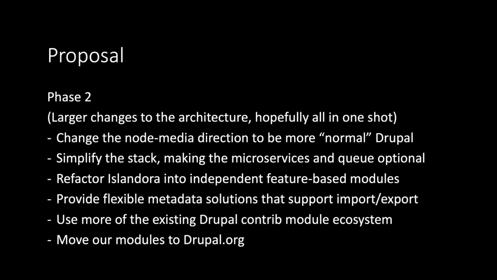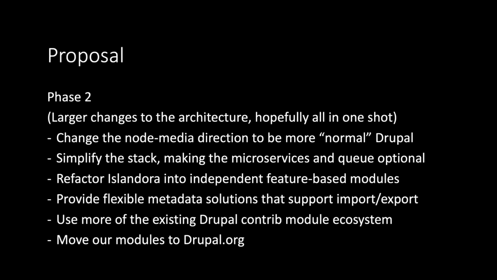Again, of course, we're not proposing to enforce how modeling looks. So if you would prefer to have your media have a field on it like they do right now that points to the parent node, I don't see why you wouldn't be able to do that.